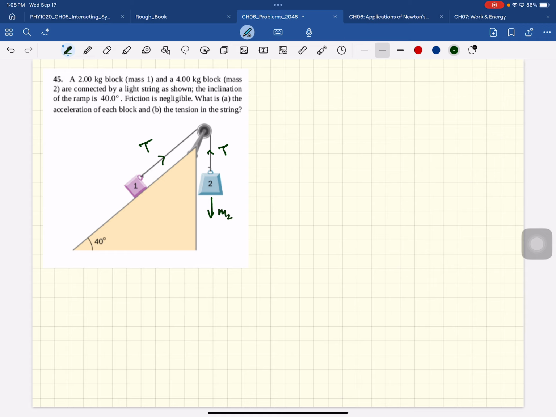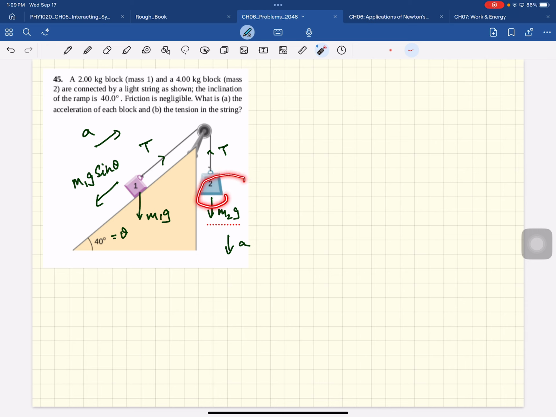We'll call this M2. And this is M1g. You guys remember the component of this weight in this direction is M1g sine theta. Okay, we'll write Newton's second law for this guy.